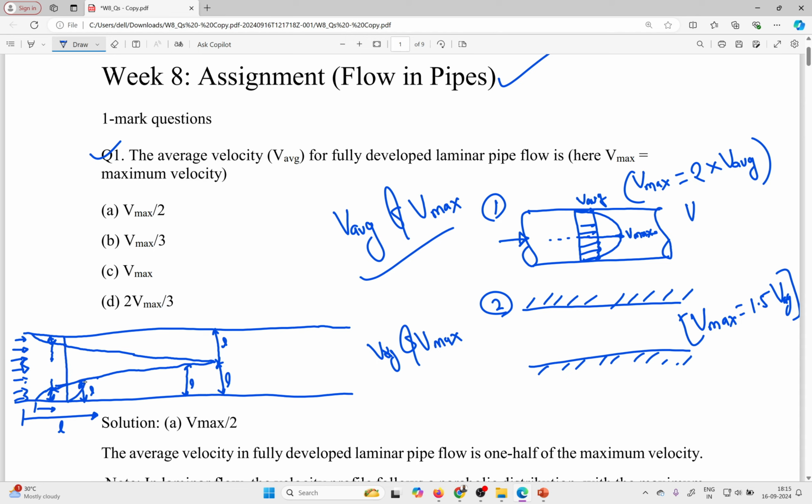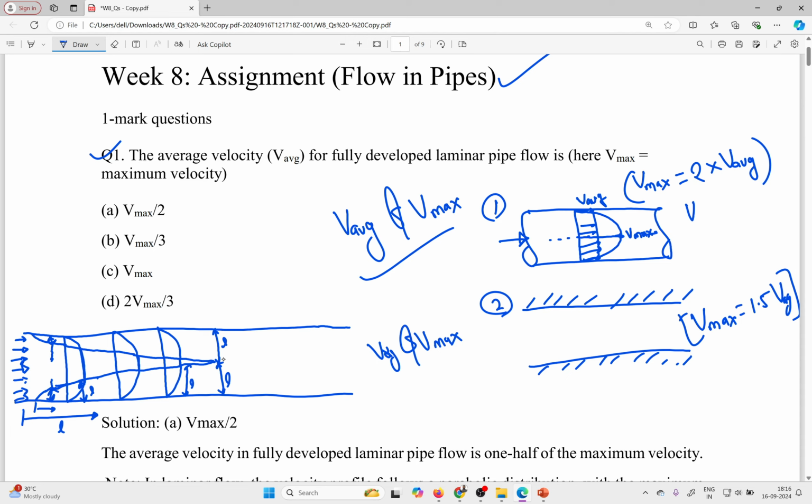Up to that much is parabolic if laminar flow, and then after it is not parabolic, straight, then vertical here.